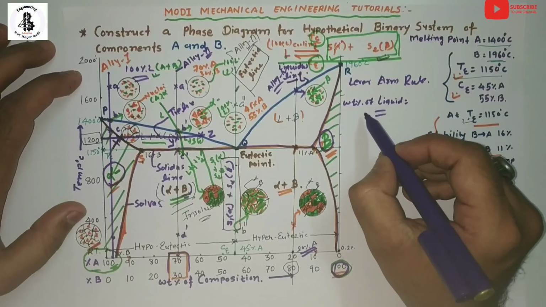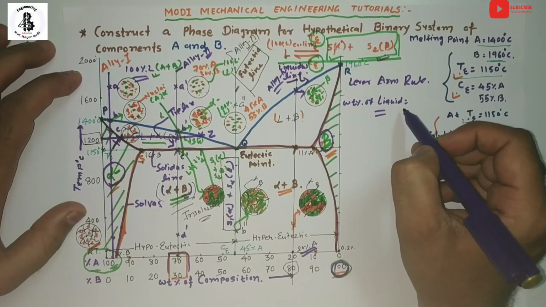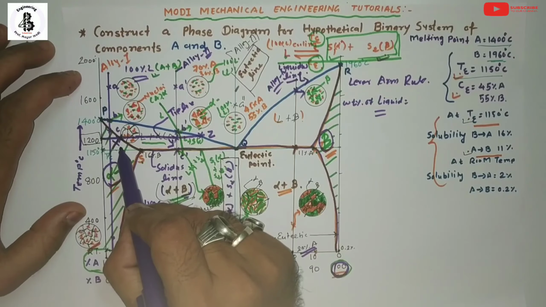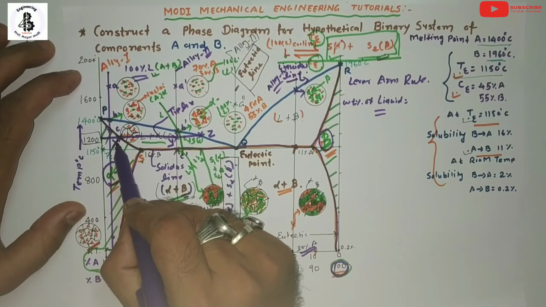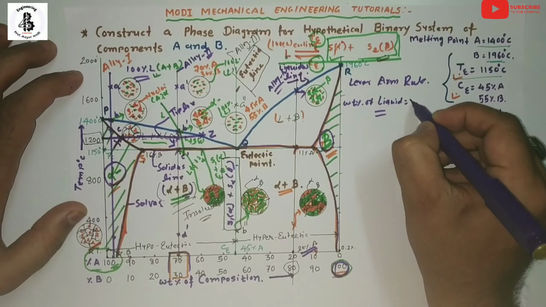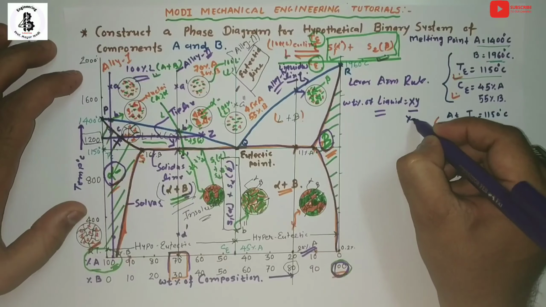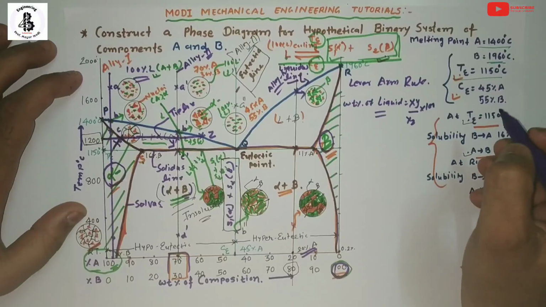So for finding the weight percentage of the liquid, you take the side from the solidus line, so X to Y divided by the total line XZ into 100.